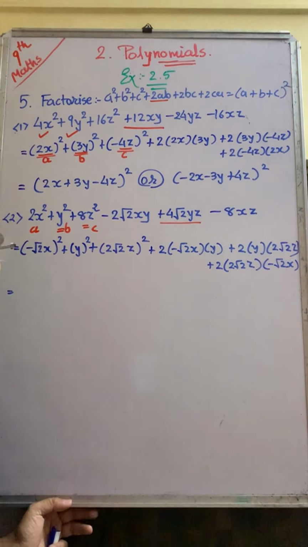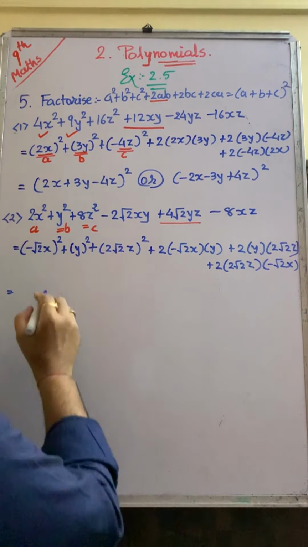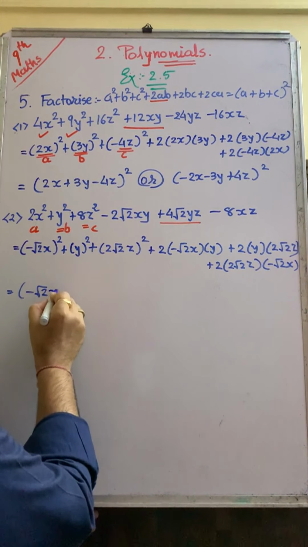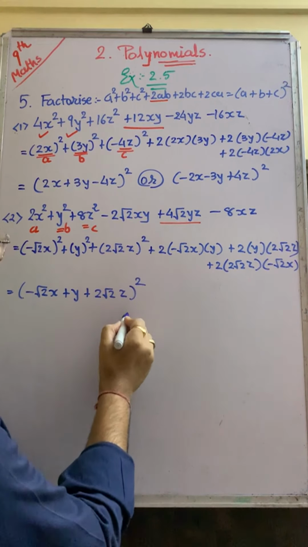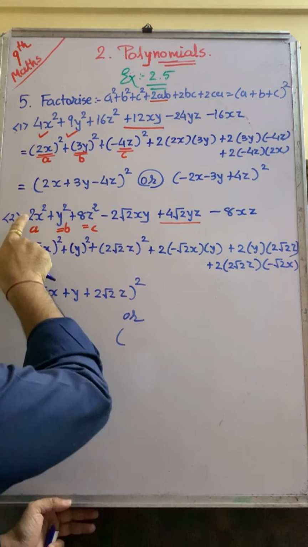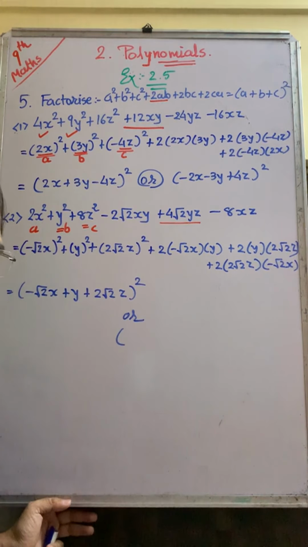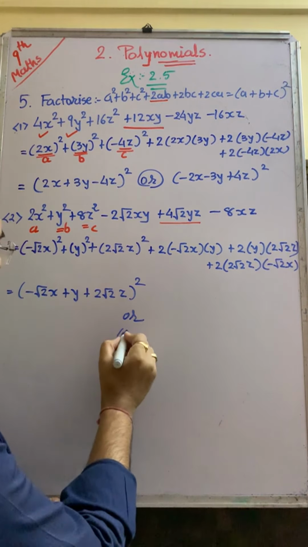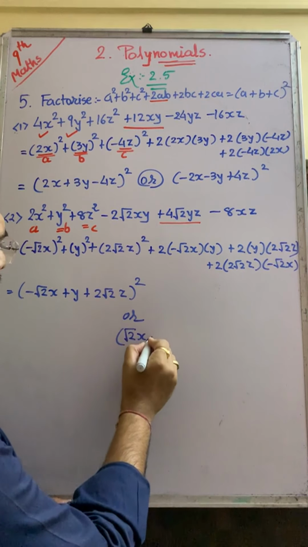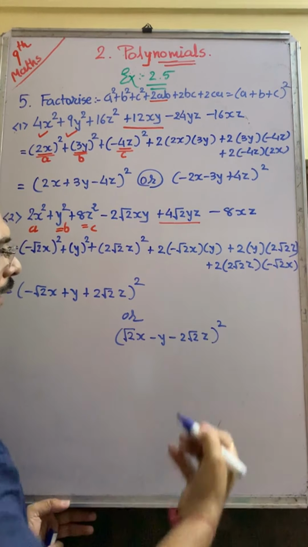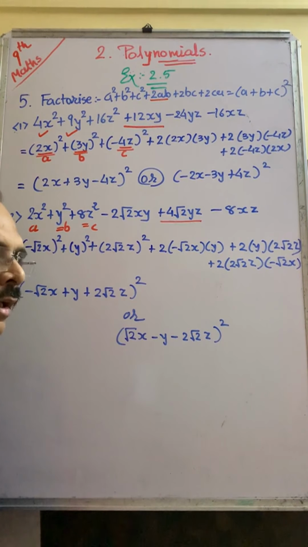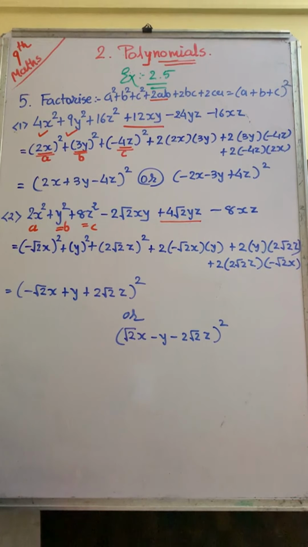The answer is a plus b plus c the whole square. Or your answer may be, if you take this term positive and these 2 terms negative, a sign change: root 2x minus y minus 2 root 2 z the whole square. Is it okay? So do it 1 to 2 times and try to understand it very well. Now question number 6.